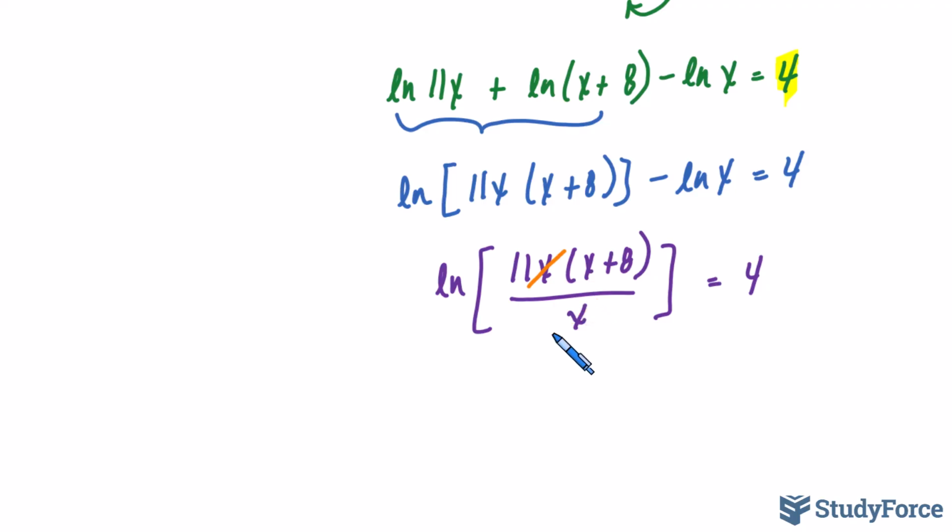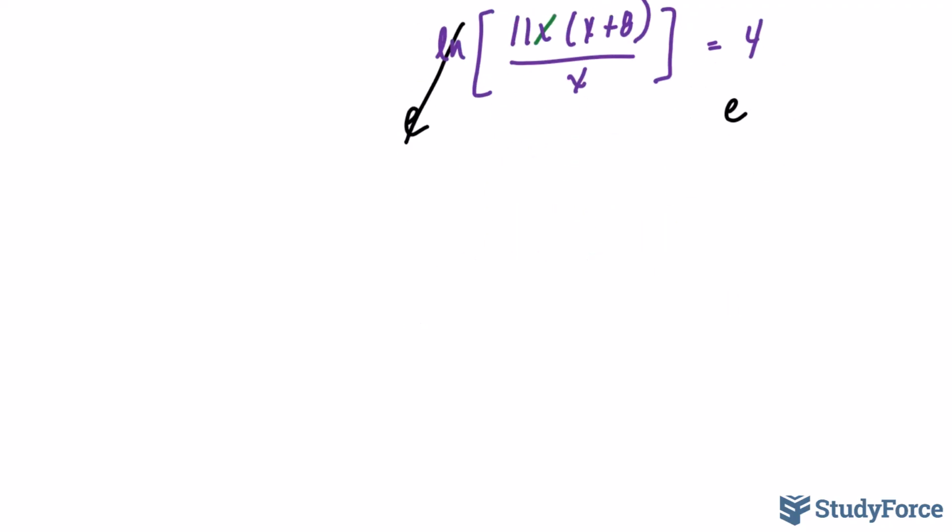Instead, let's go ahead and get rid of this ln by raising both sides of the equation to the base e. That will cancel out, and you have 11x times x plus 8 over x is equal to e to the power 4.